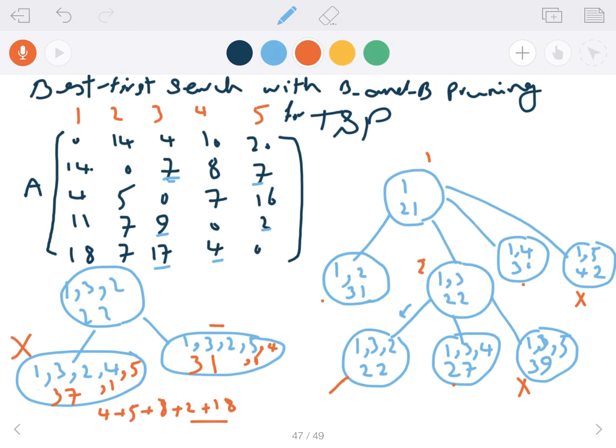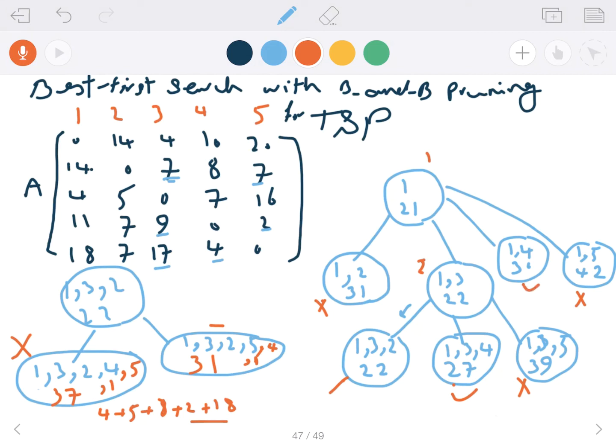Now between the nodes that we have, 31, 27 here, we can ignore this one as well. The reason is that we found the 31, so there's no reason to expand this node either, because it's not less than 31. So the only two nodes that I have now that are not expanded yet are this node, 1, 3, 4 with the bound of 27, and this node that is 1, 4 with the bound of 30.